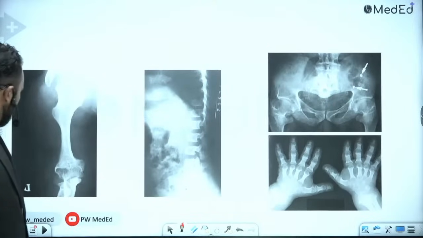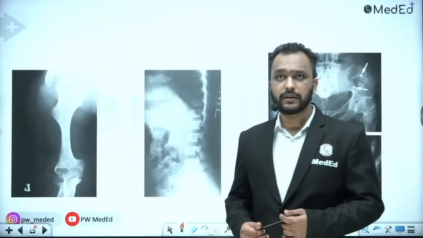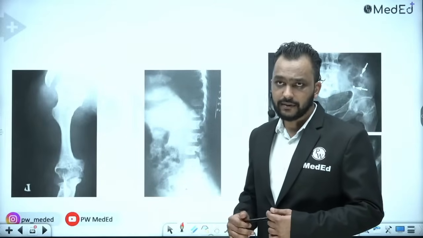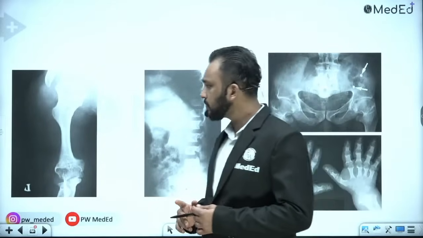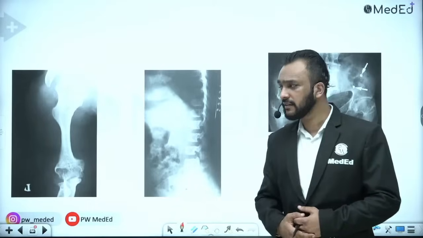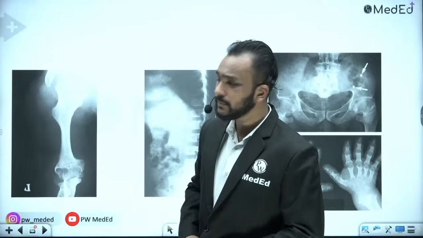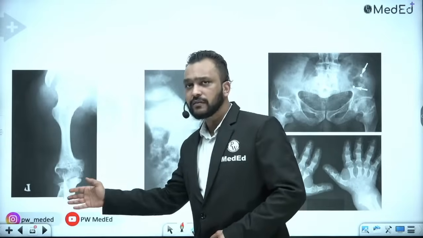Now talking about a few important skeletal dysplasias. In the first image, we can see that there is shortening of the proximal limb. So this is your rhizomelia.